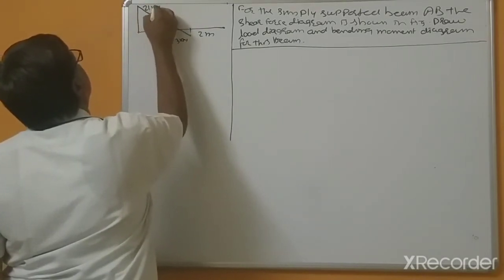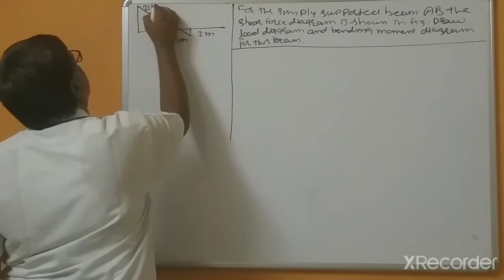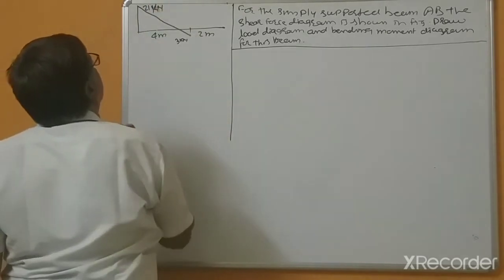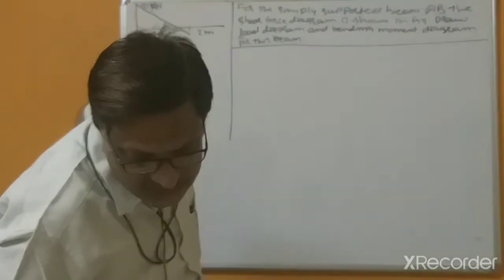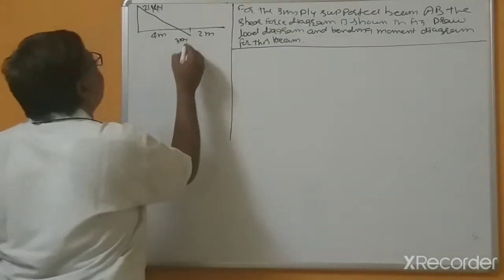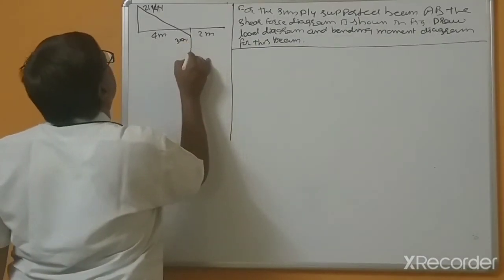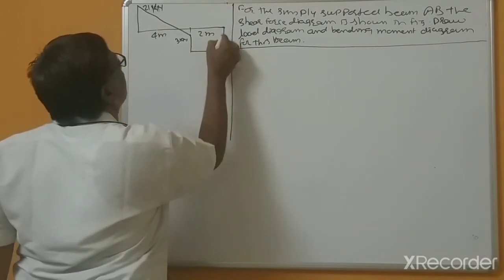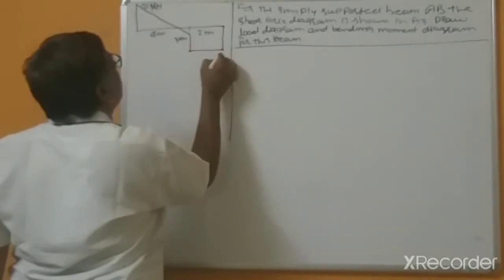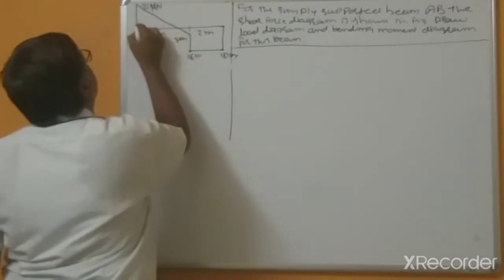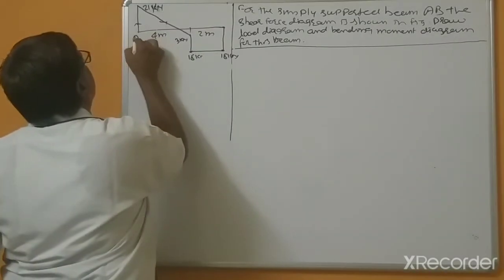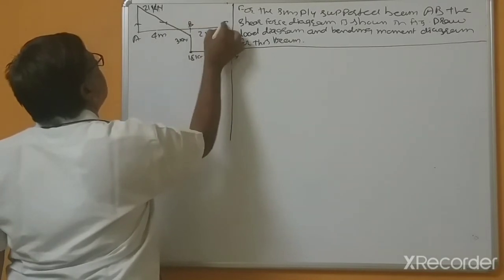This is 21 kilonewton. Downwards 18 kilonewton. And this is 18 kilonewton. A point, B point, and this is suppose C point.